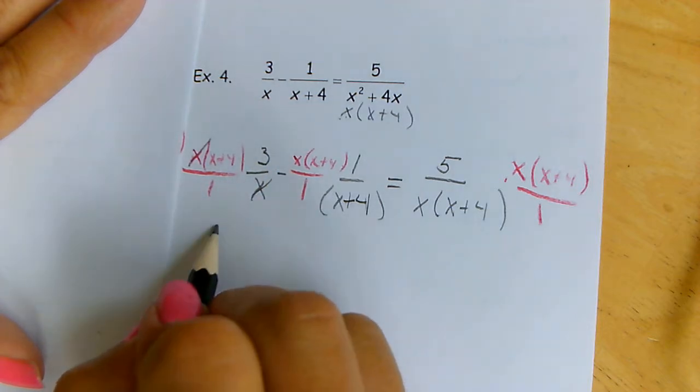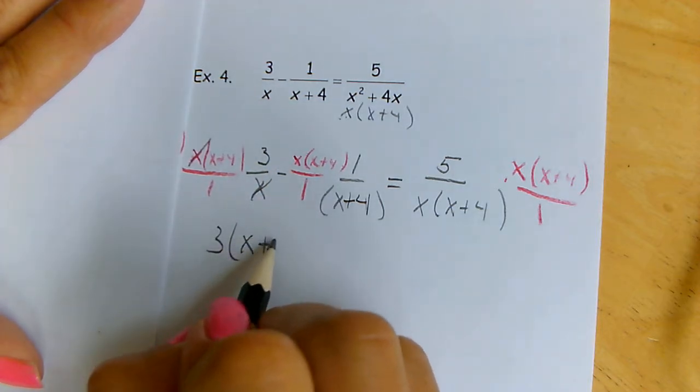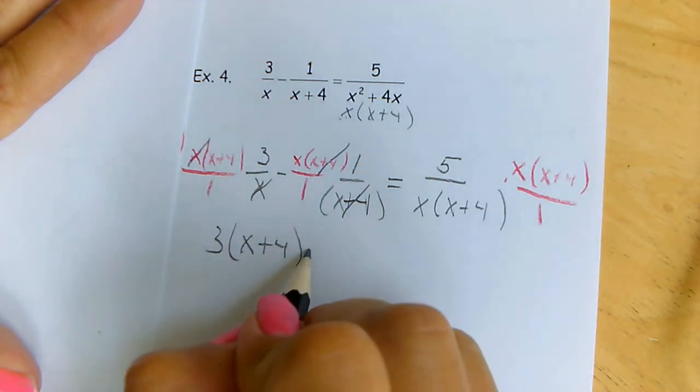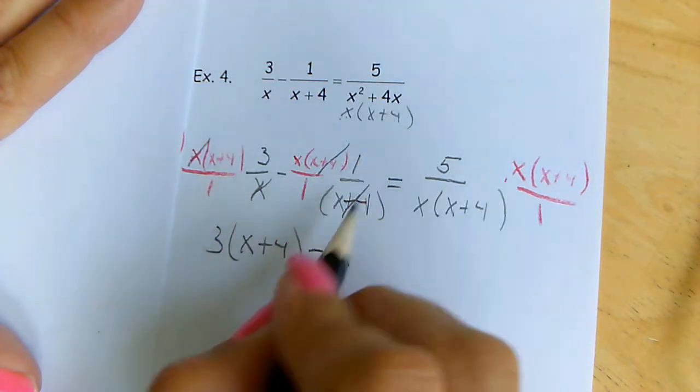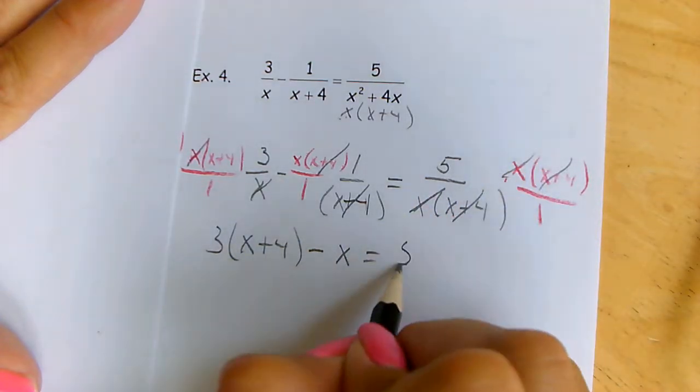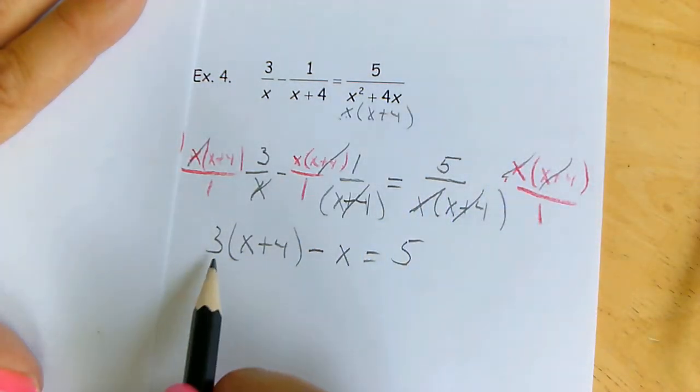Here, x is canceled. I'm left with 3 times x plus 4. Here, x plus 4 cancels. I'm left with x times 1 minus, so it's minus x. Here, both just 5. I'm going to distribute.